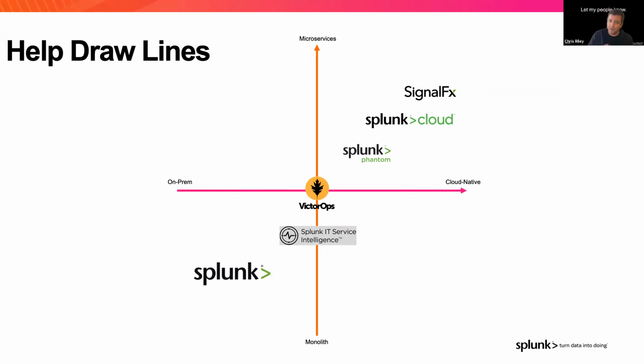So first thing you'll notice is VictorOps is right in the middle. You know, largely VictorOps, it's an incident response tool. We all understand broadly what that is. It's getting the right person in the right place at the right time. What's unique about it is that it has organizations connect their stack together from their on-prem, hybrid, to their most cloud-native aspects of their stack.